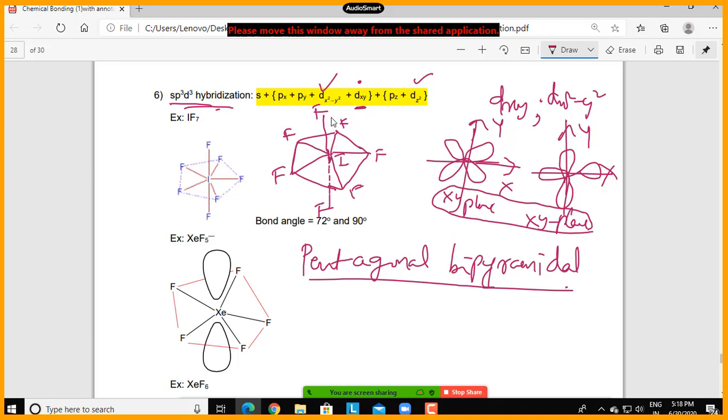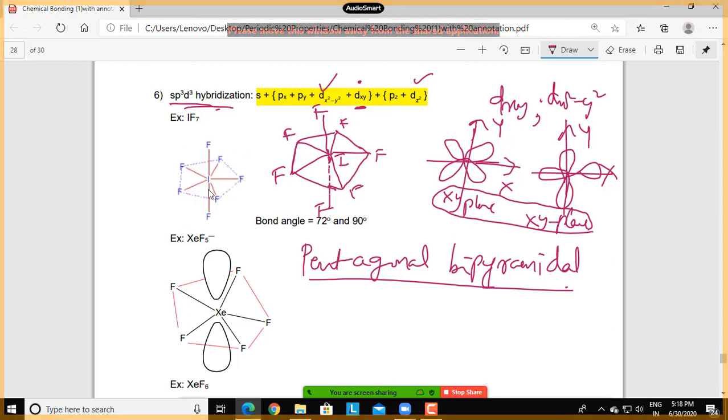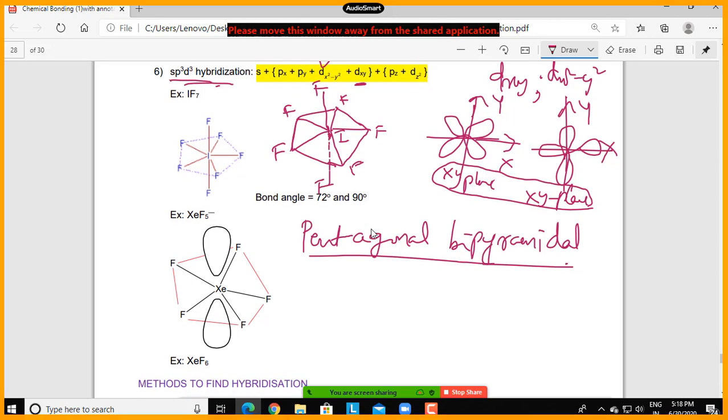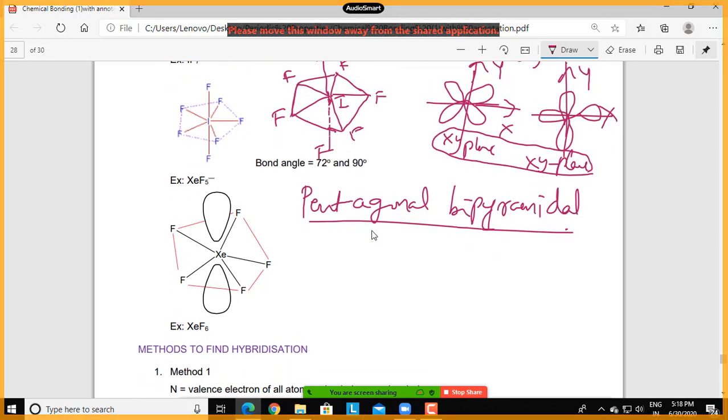Pentagonal bipyramidal is the name of the shape. We can draw geometry like this. Is that clear? Yes, sir. So in sp3d3, we will get pentagonal bipyramidal.